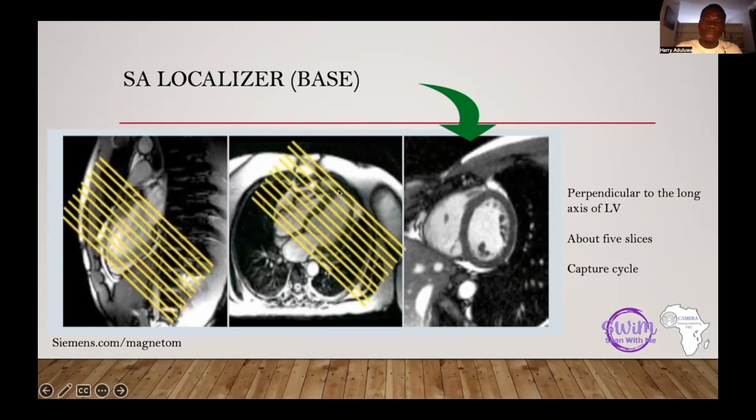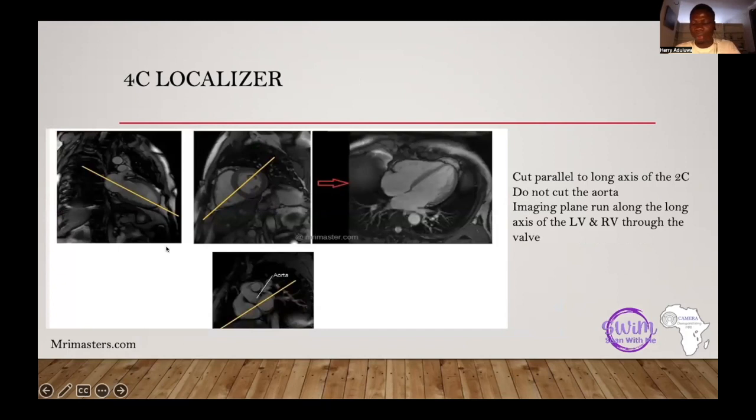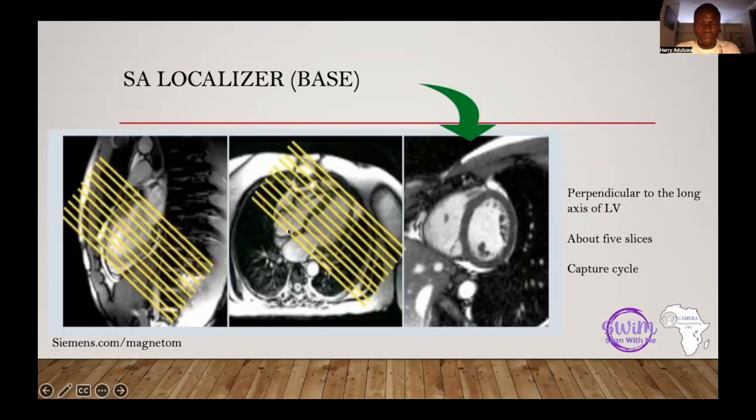Instead of opening the full length of the short axis, I will only open to cover the basal area, from the base here to the mid here, so that I get a short axis image where I can easily see the left ventricle and the right ventricle. This is the right ventricle, this is the left ventricle, and these are the septums that divide the two ventricles.